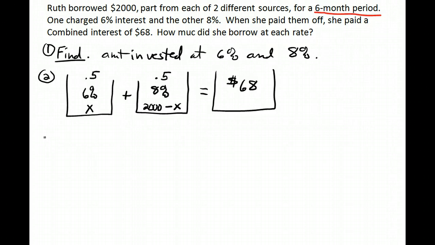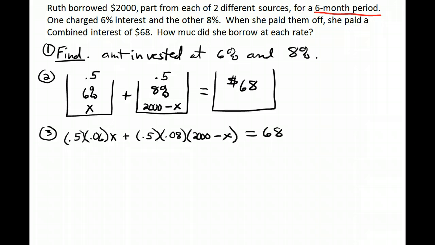Now I need my equation. In looking at this with all these decimals, it might be helpful to multiply each term out first, and then we'll clear our decimals. Alright, when I multiply 0.5 times 0.06, I get 0.030, and that 0 after the 3 doesn't need to be written, and similarly for the 0.04.